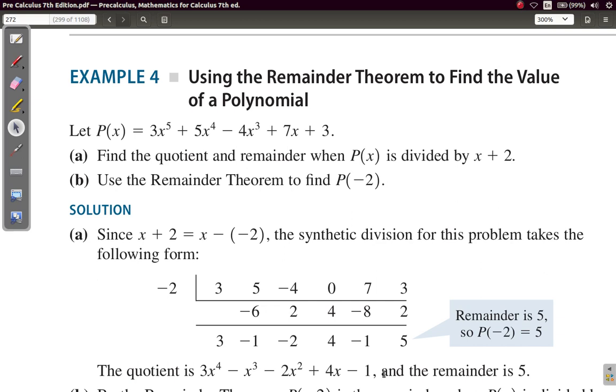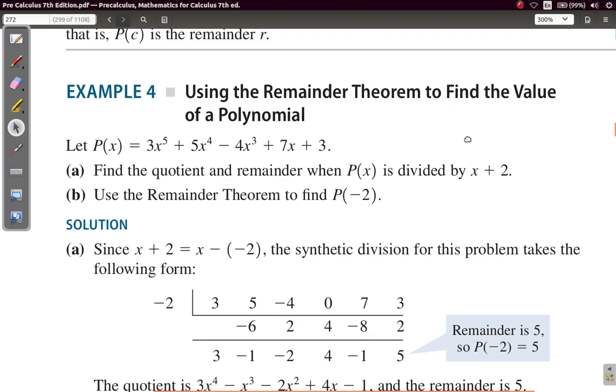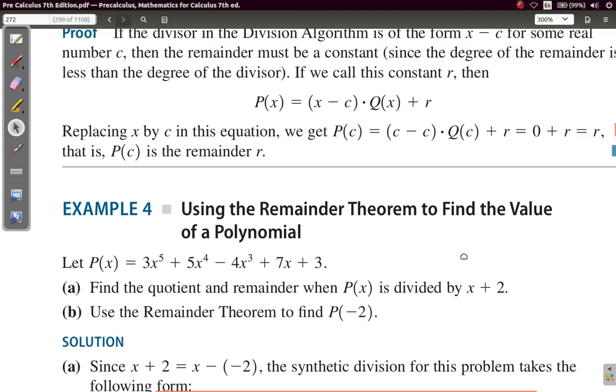Alright? Now, suppose you are just asked to find the remainder when the polynomial is divided by x plus 2. What would happen? Let's see.